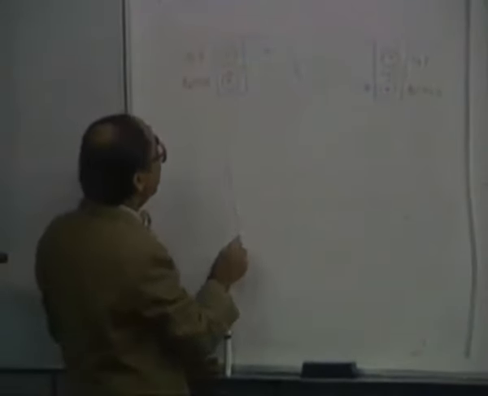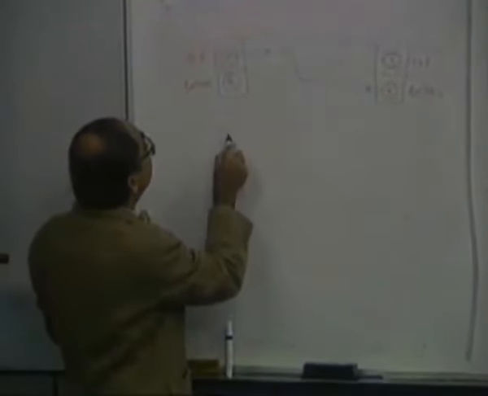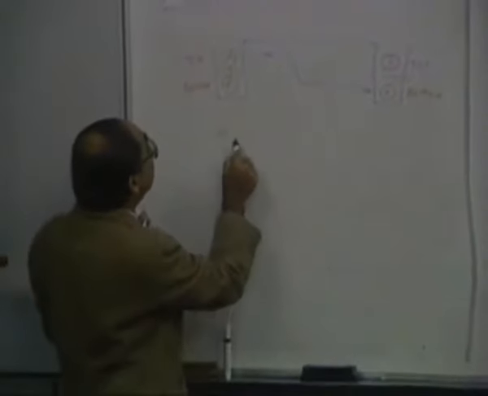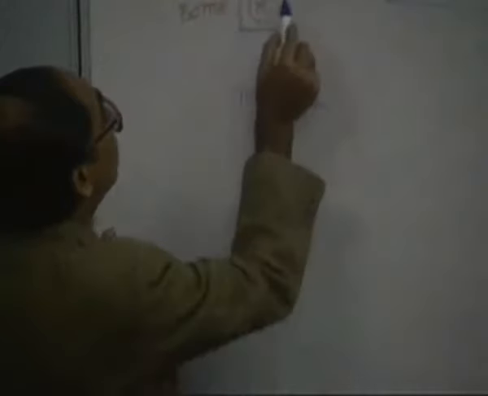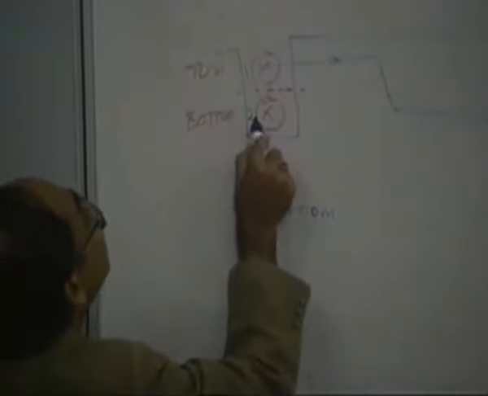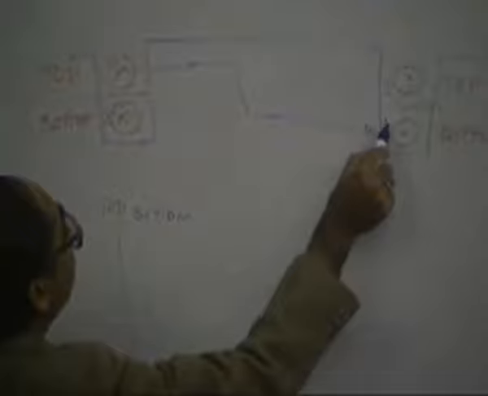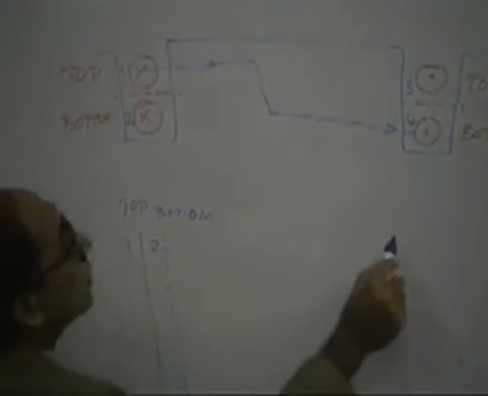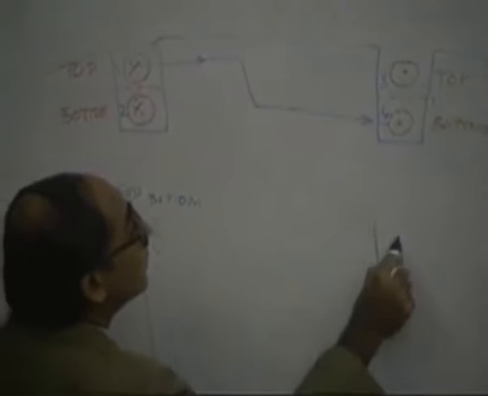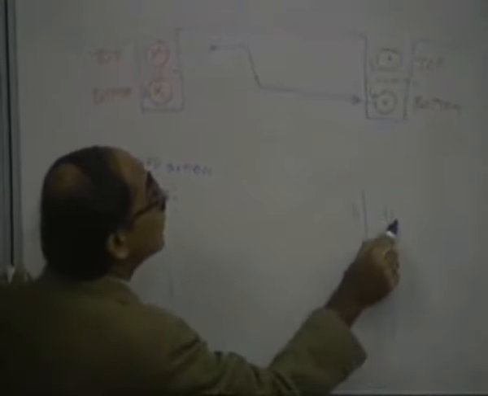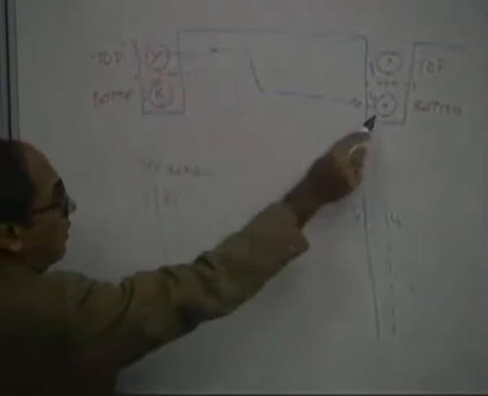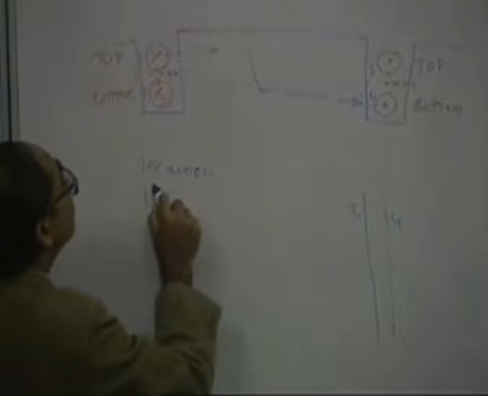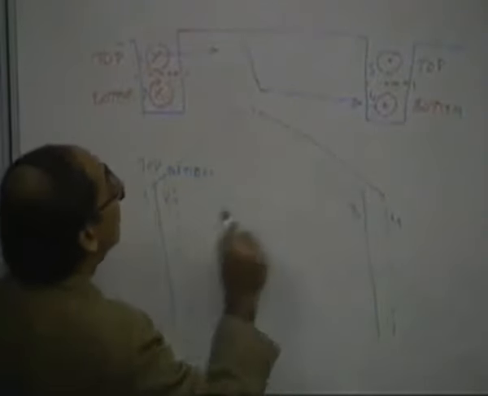That means if I say this is the top coil side and this is the bottom coil side here, let us call them 1, 2, 3, 4. Now this one which is the top one, we have shown it going to the 4 like this.